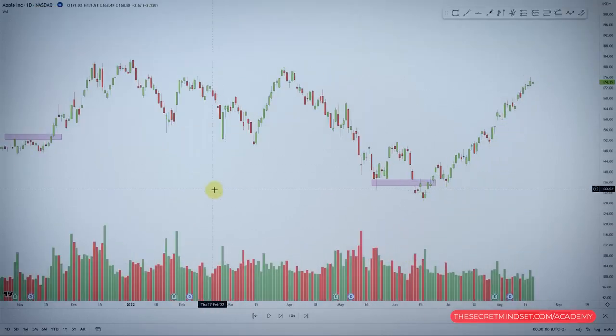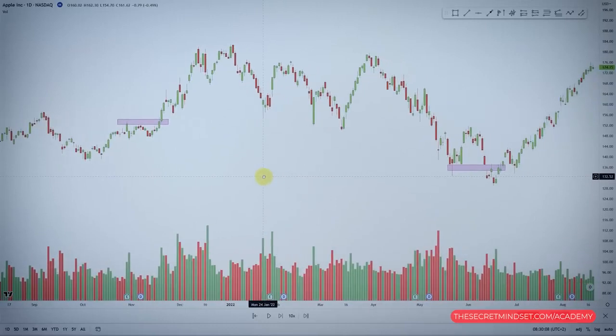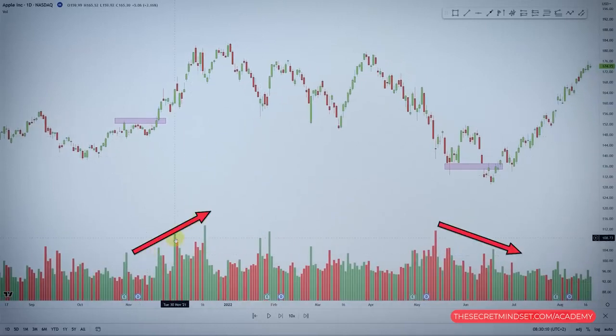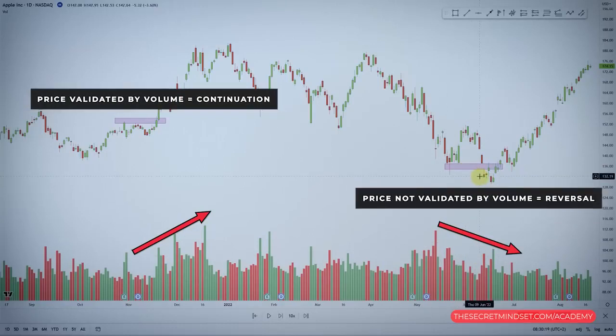When you analyze a market, you should be looking for 2 points: whether the price has been validated by the volume, or whether there is a divergence with the price. If the price is validated, then this confirms a continuation of the price behavior. By contrast, if there's a divergence, then this is sending a signal of a potential change.